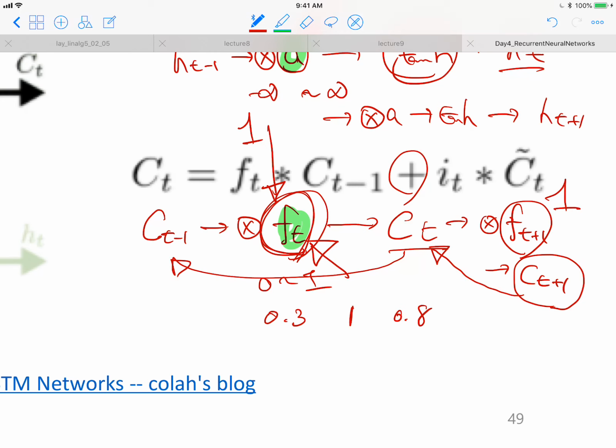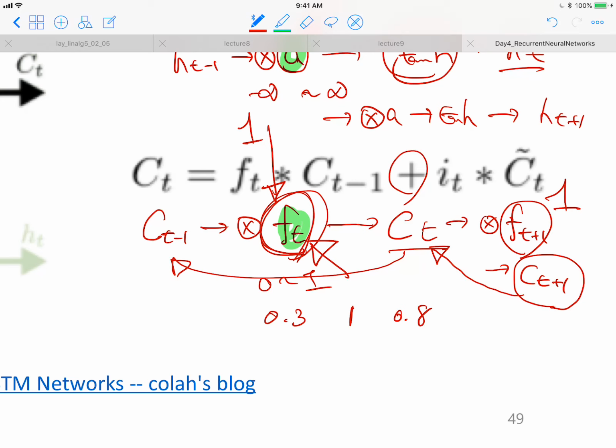It sounds like a difficult condition, because across multiple time steps, f_t should remain 1 at every time step. That's how we can preserve the original magnitude of this gradient.